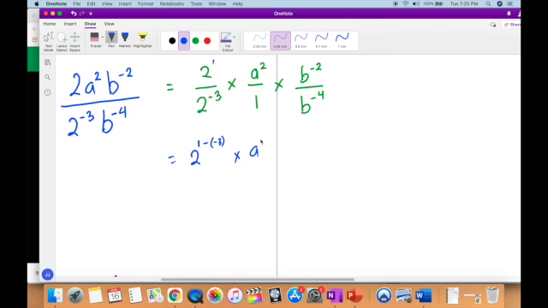Multiply by a squared, and the same thing, b to the m, which is negative 2, minus n, which is negative 4.